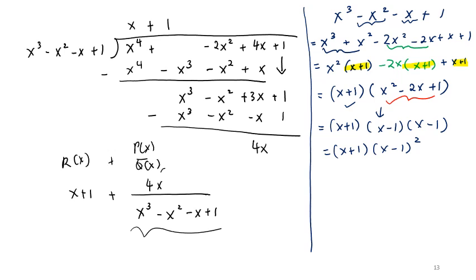Okay, so you have factorized your Q(x) into some linear functions, some of which are repeated. In this case, the repeated linear function is this x minus 1.